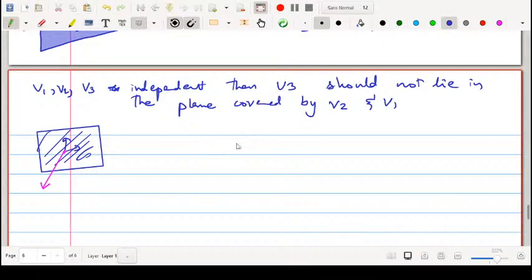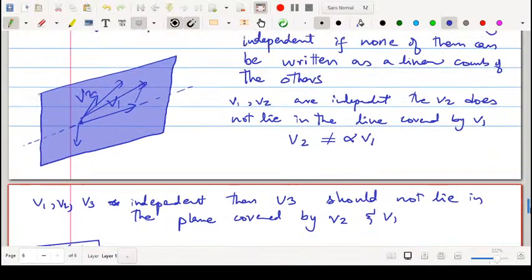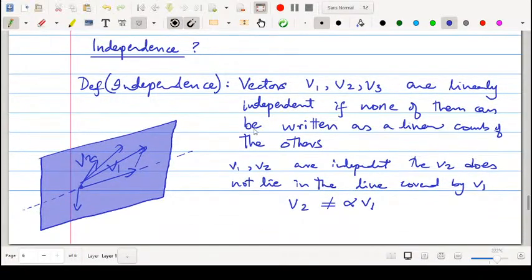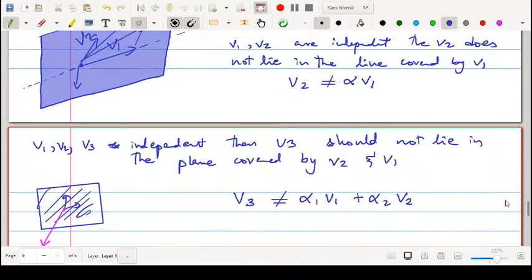When is that possible? When v3 is not a linear combination alpha 1 v1 plus alpha 2 v2. So this is what I meant when I said that none of them can be written as a linear combination of the others. So v2 is not a linear combination of v1, and v3 is not a linear combination of v1 and v2.